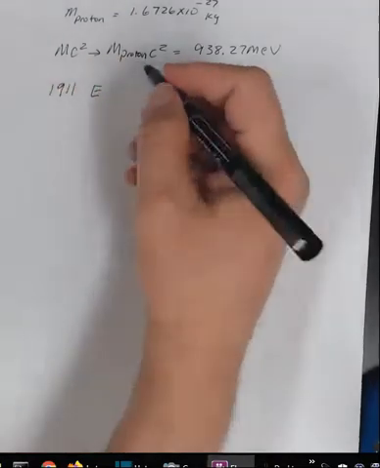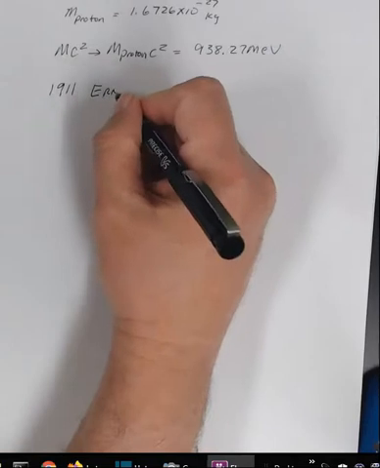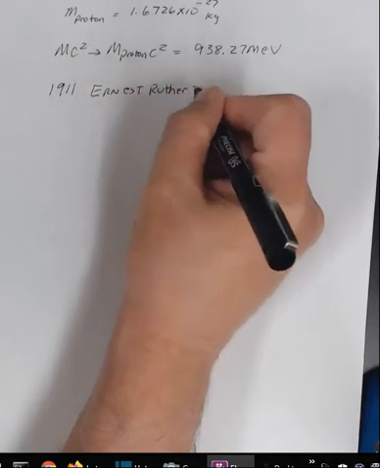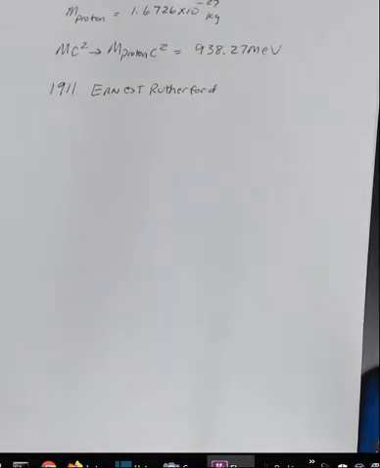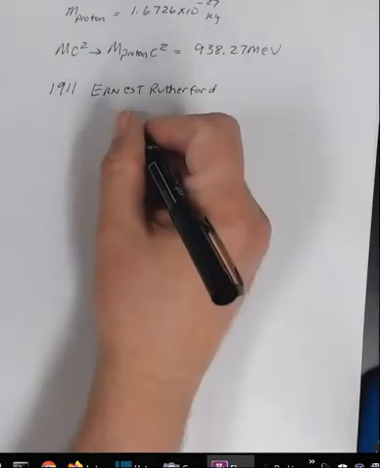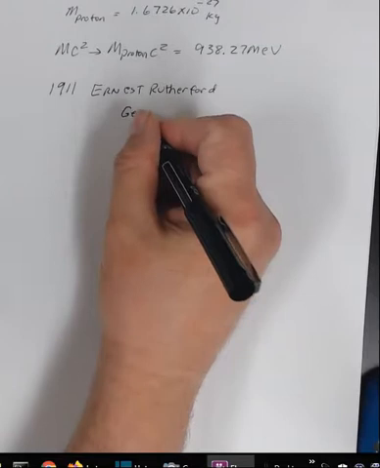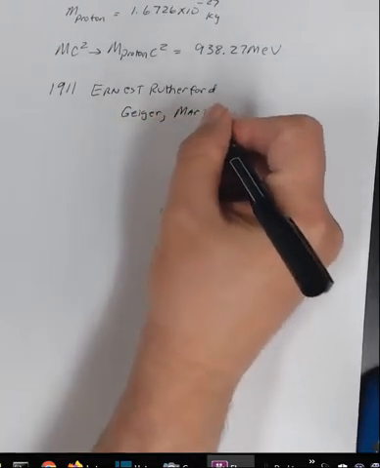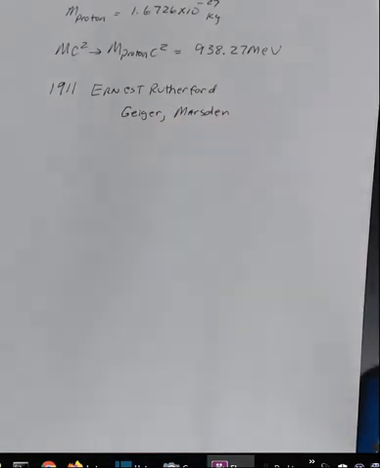So about 1911, Ernest Rutherford at Manchester University, a young professor who had studied under J.J. Thomson at one point, along with his students, Geiger and Marsden, one of whom was a postdoc, I think Geiger, were looking at scattering particles from nuclei.